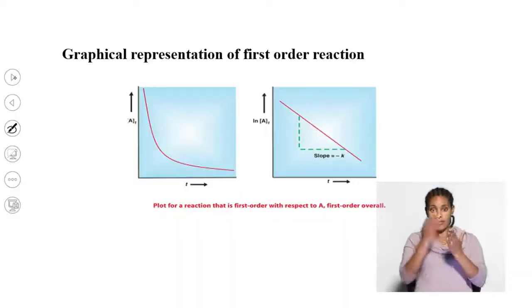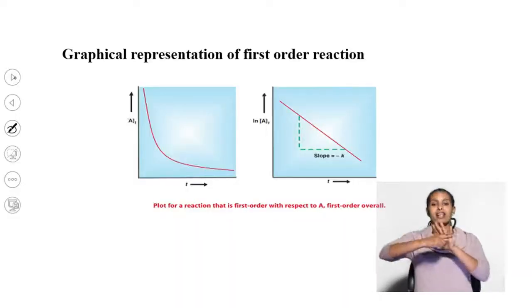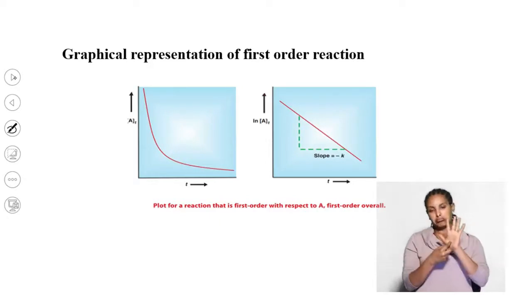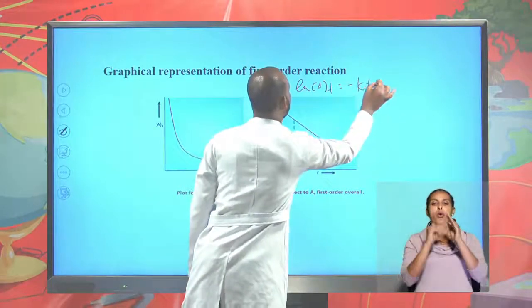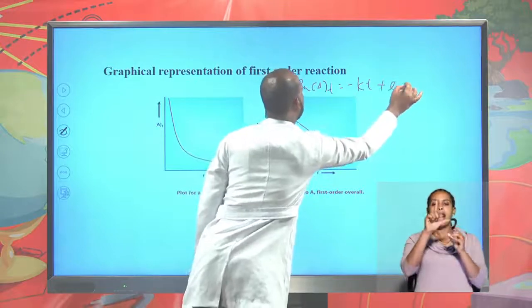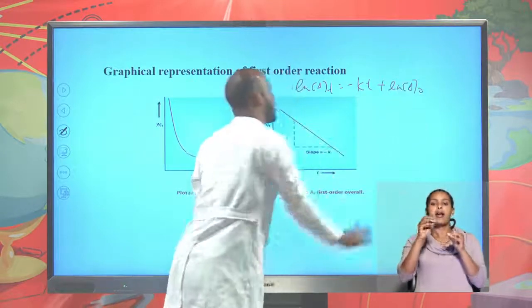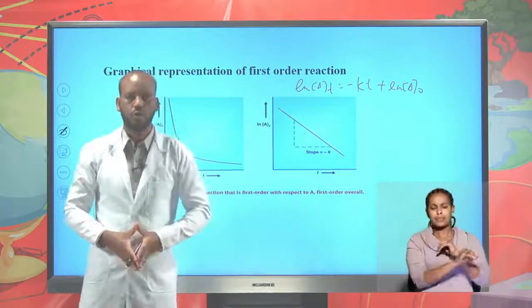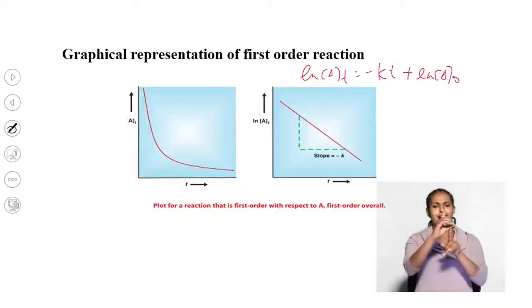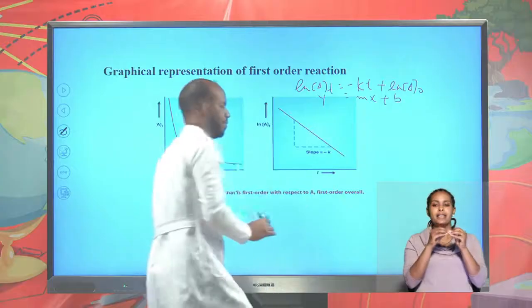Graphical representation of a first order reaction. As we said, the integrated rate equation for a first order reaction is: ln concentration of A at any time t equals minus kt plus ln concentration of A naught, the initial concentration. This equation is similar to the equation of a straight line, y equals mx plus b.